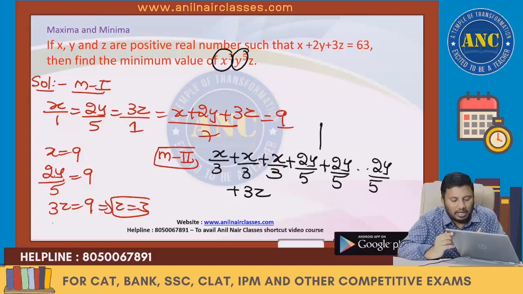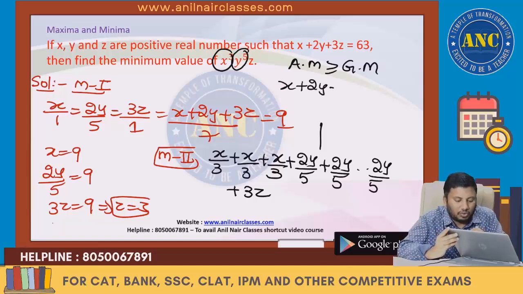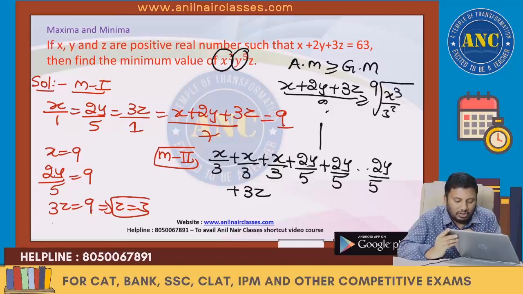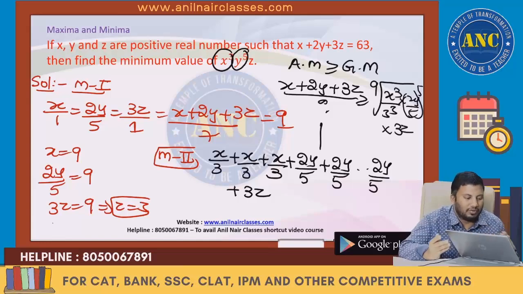Now apply AM greater than or equivalent to GM. So (x plus 2y plus 3z) divided by a total of 9 parts is greater than or equivalent to the 9th root of (x by 3) cube into (2y by 5) power 5 into 3z. From there you will get the answer.